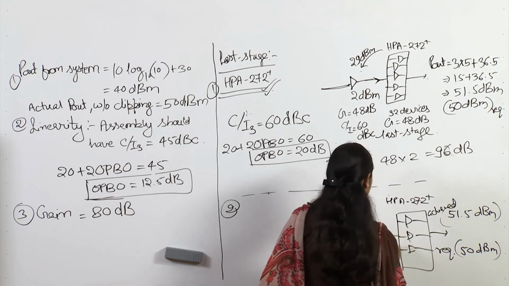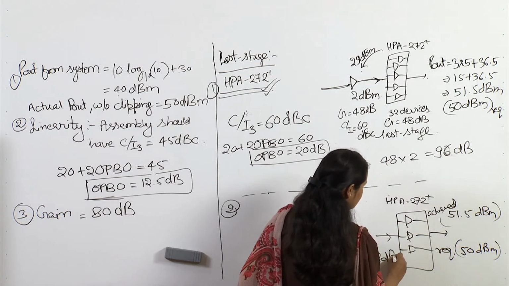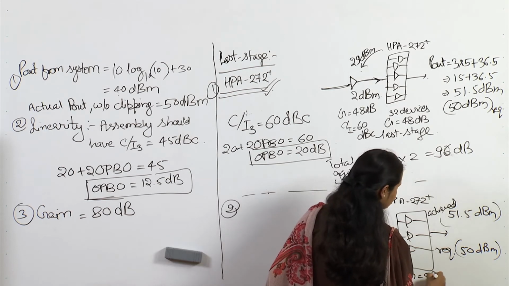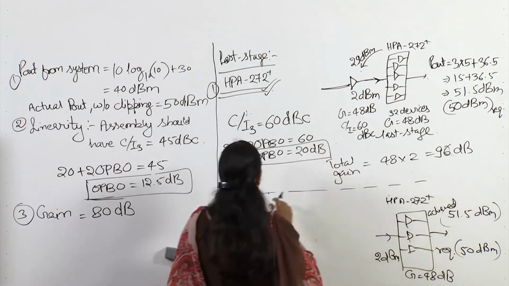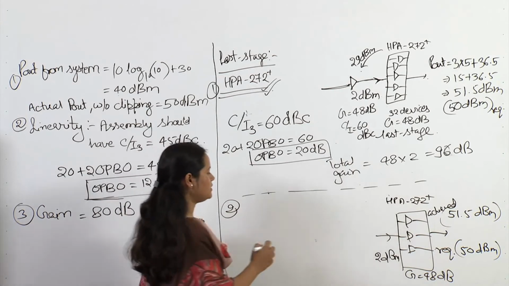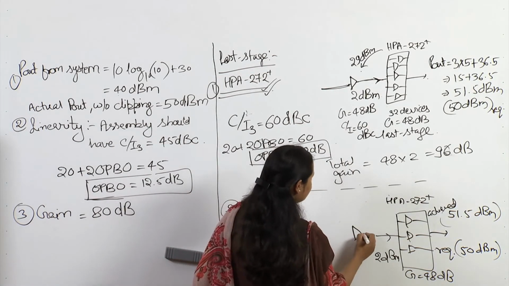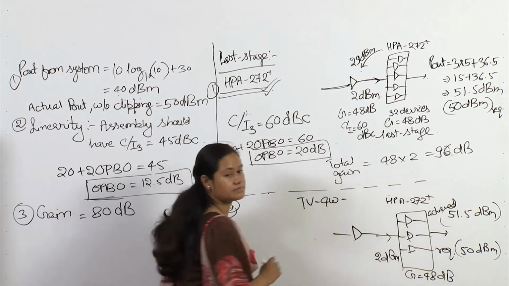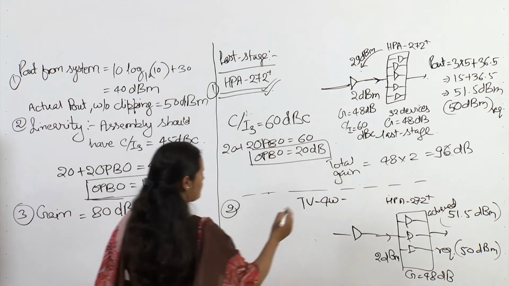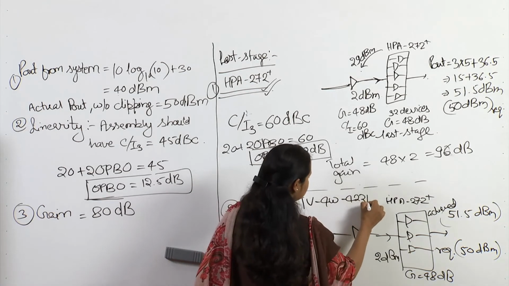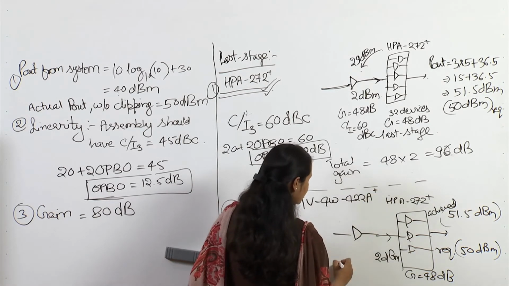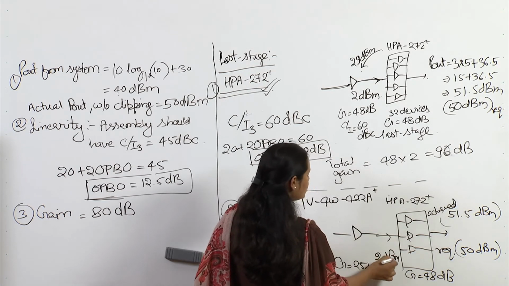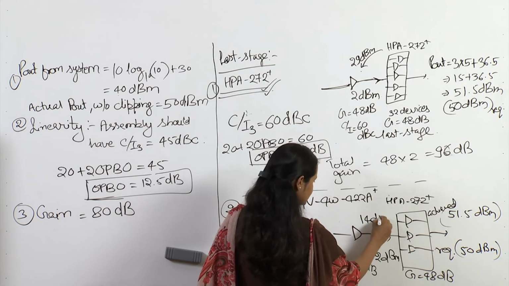Now, here we require 2 dBm because of its gain, which was 48 dB. Now, the selected device here, we can use a single of that device also, which is TV 4W 422A plus. Now, this one has a gain of 25 dB and we need 2 dBm, but we are getting 14 dBm, which is above this.